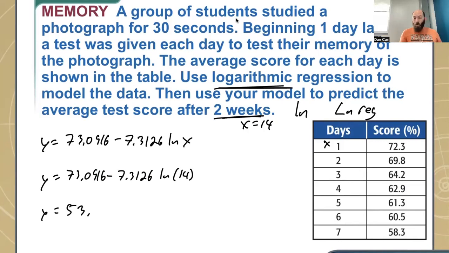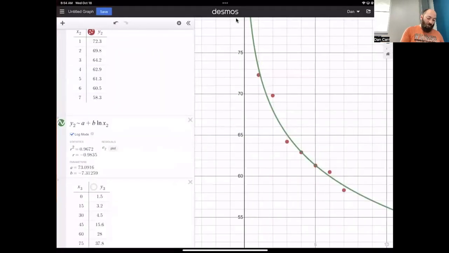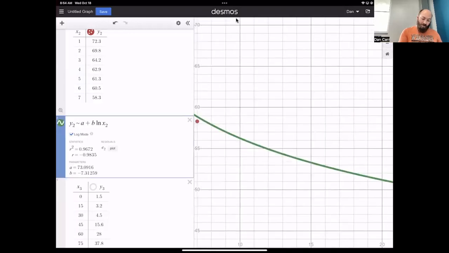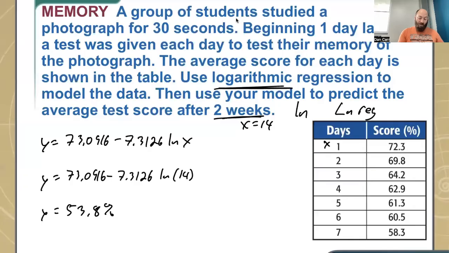Since my scores are only 1 decimal point, I'll do the same thing. So 53.8% is what we would expect from that one. And again, you can actually get that from doing this here. The score after 2 weeks will be at 14, 53.8 right there. Okay. And I believe that is going to be it.